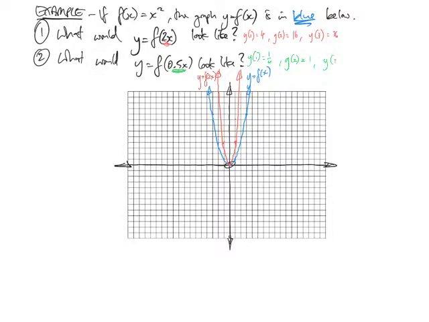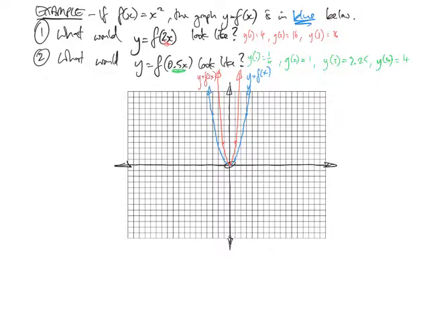When x is equal to 3, halve it, 1.5. What's 1.5 squared? Not something I can do in my head. 1.5 squared is going to be 2.25. When x is equal to 4, halve that, 2 squared is going to be 4.